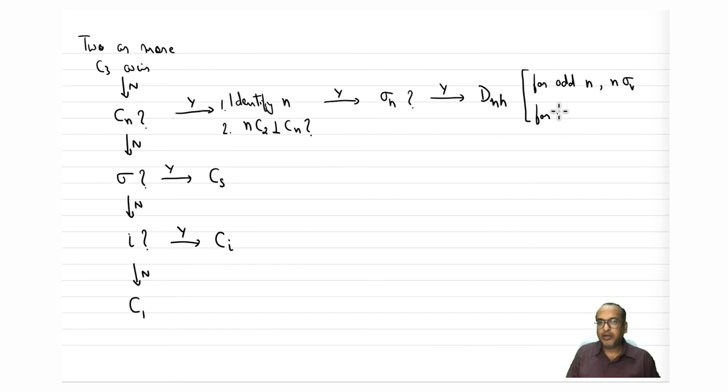And for even n, there are n by 2 sigma v's, n by 2 sigma d's. Okay, this you can confirm by looking at different point groups. Okay, all right.